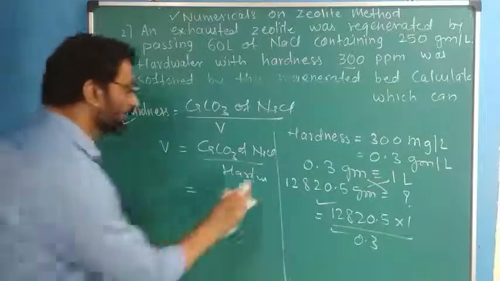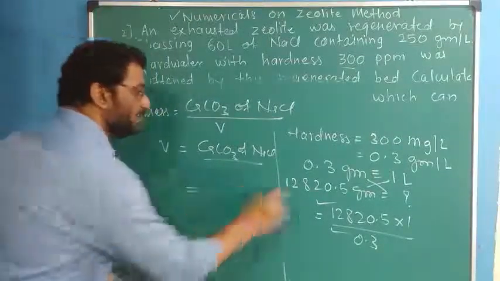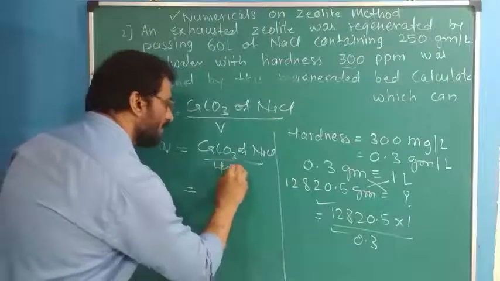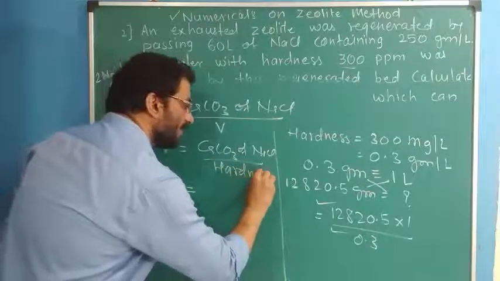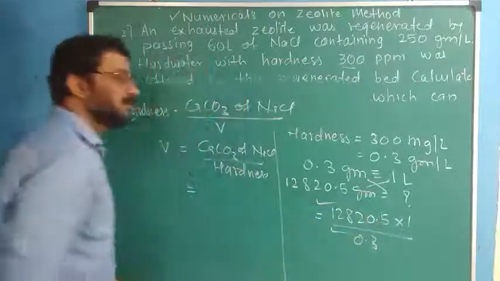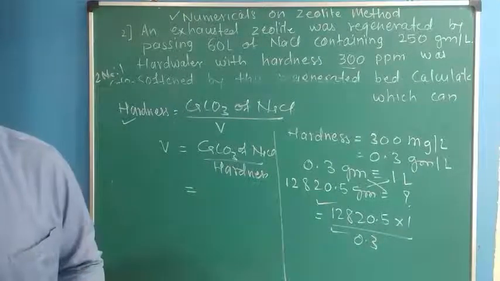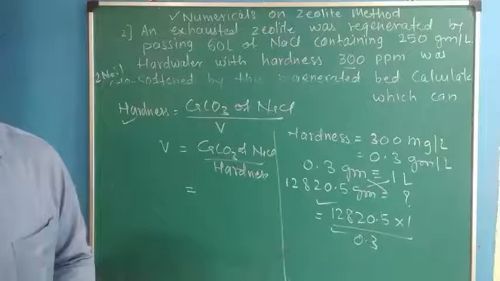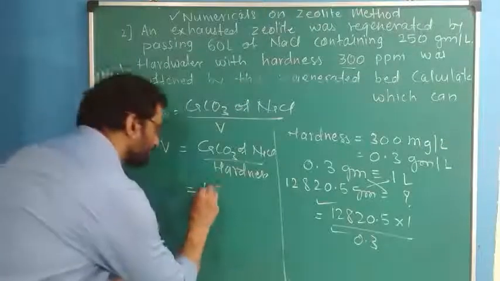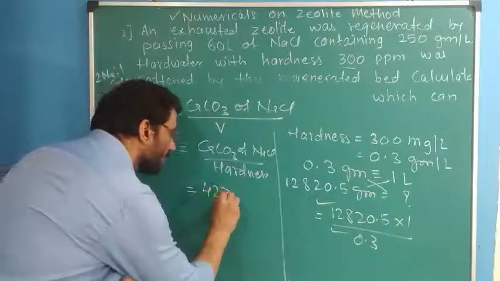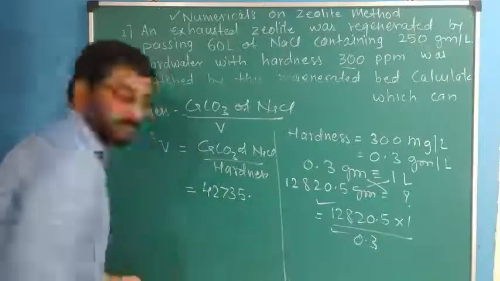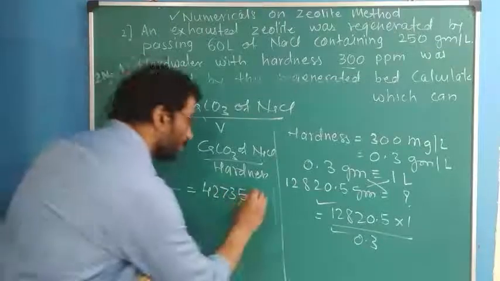So directly use the formula or make some such relation, get the answer. CaCO3 equivalent of NaCl upon hardness. We have here taken hardness in gram because we kept NaCl in grams. My answer is coming 42,735.7 liters of water.